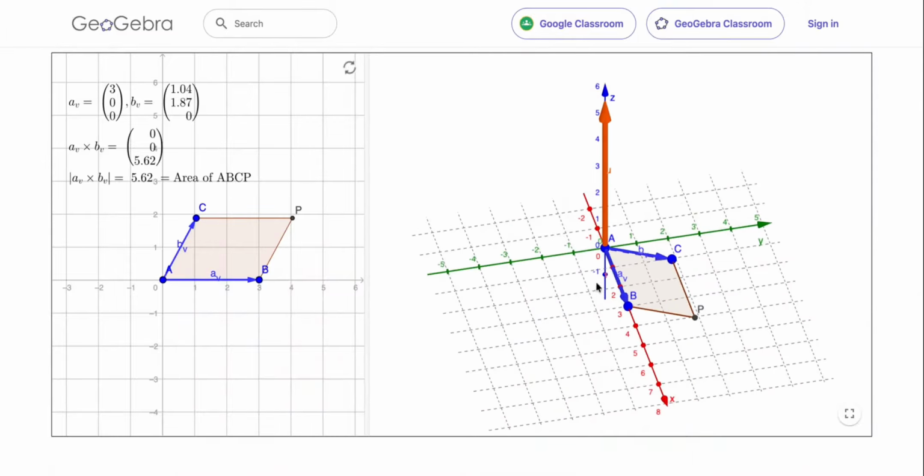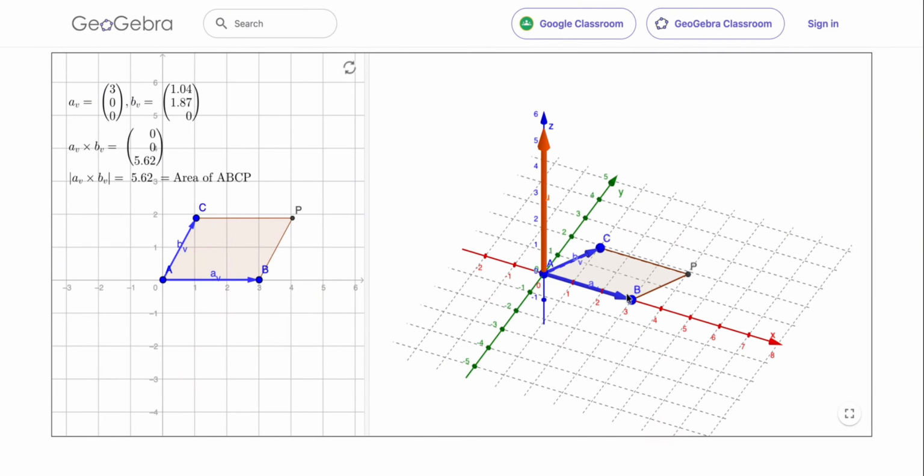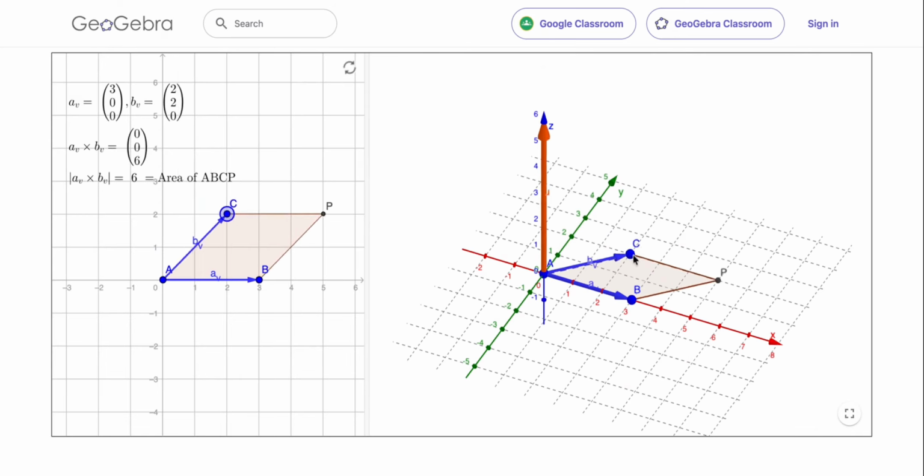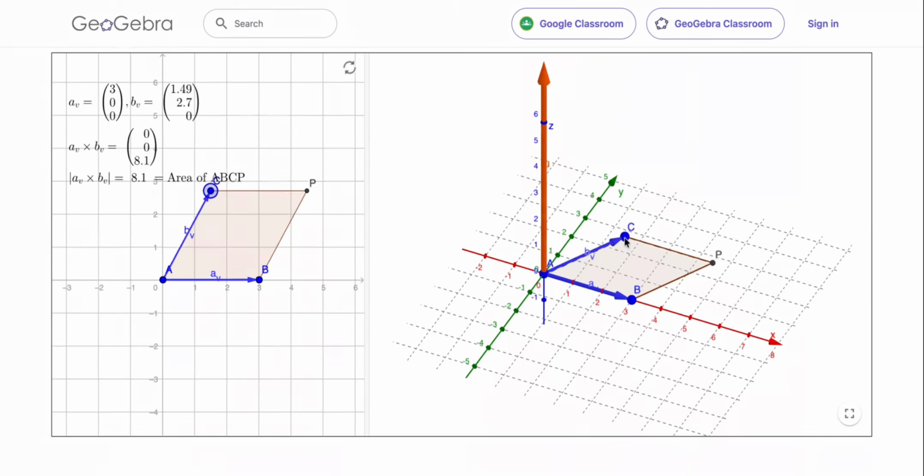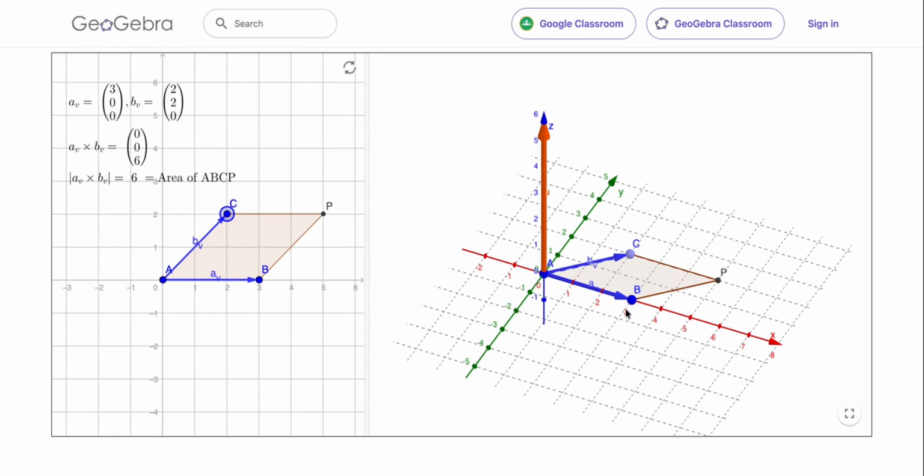If we have these two vectors C and B, notice how they form a parallelogram, and the area of this parallelogram is defined right here. Now with the cross product, you get a new vector that's perpendicular to these two vectors, and the magnitude of this new vector is going to be equal to the area of this parallelogram.